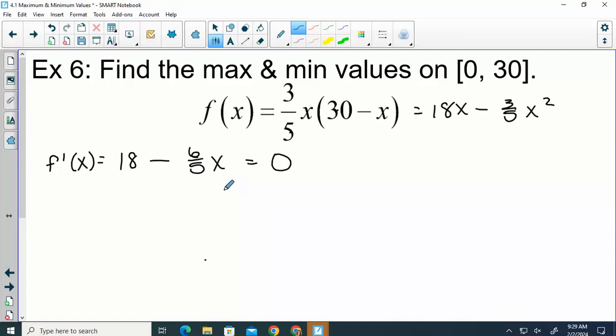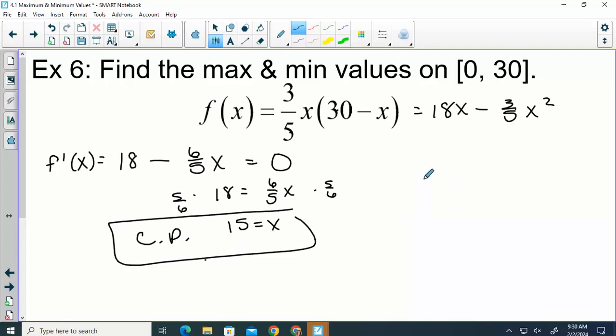Set that equal to 0. So you can multiply by 5 over 6. 18 divided by 6 is 3 times 5 is 15. So x equals 15. What do we call that point?